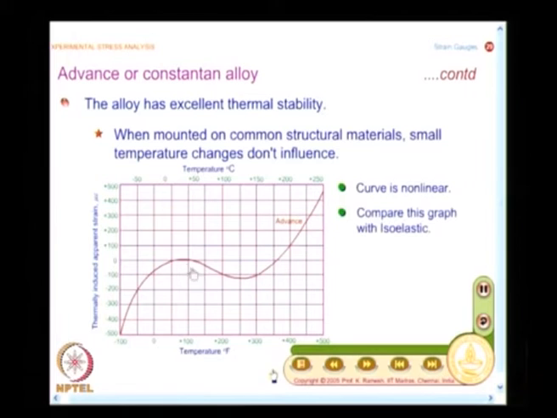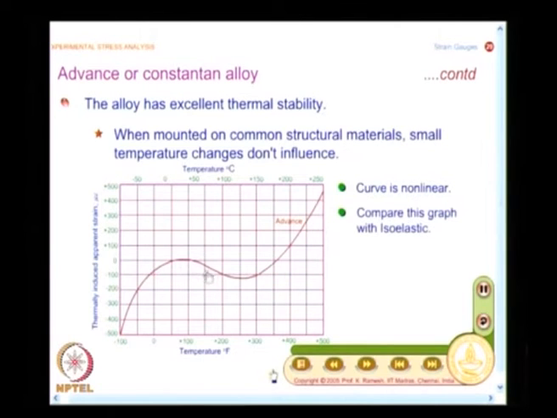If you look only at this graph, you will say it is highly nonlinear, but if you look in this region, which is more like a room temperature application, you find that this is almost horizontal. So, that is where you have the adjective that it has excellent thermal stability. At room temperature application, the thermally induced apparent strain for small changes of temperature is almost close to 0.